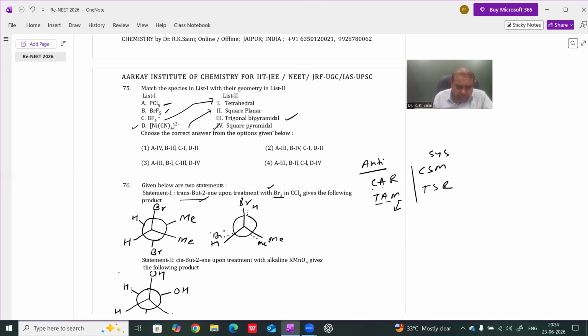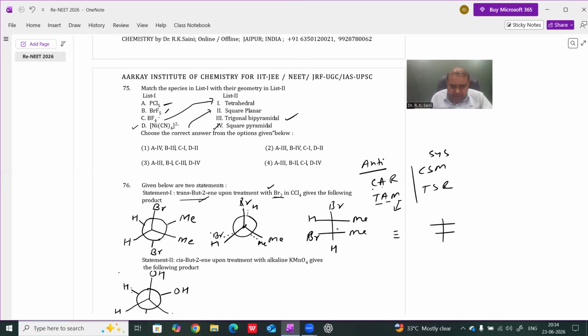Now make the Fischer projection. In the first carbon, Br is on top, H on the left-hand side, Me on the right-hand side. H is eclipsed with H, Br with Br, Me with Me, and we find the actual Fischer projection formula.